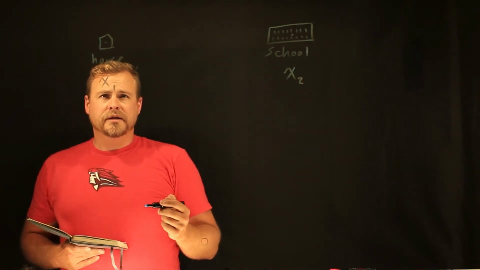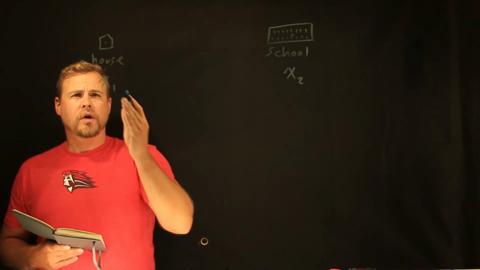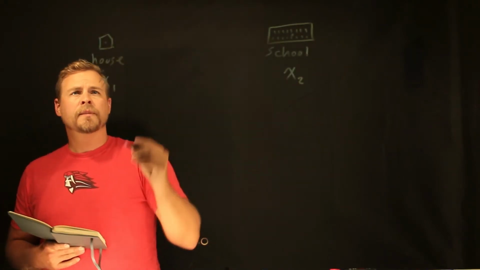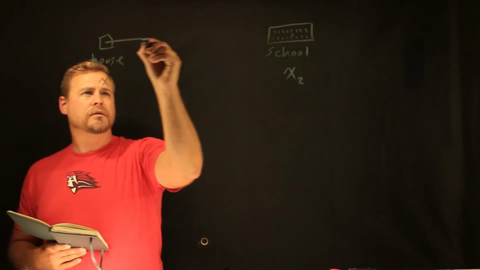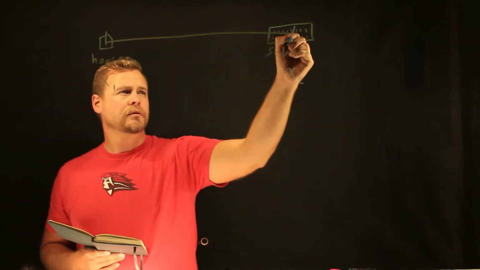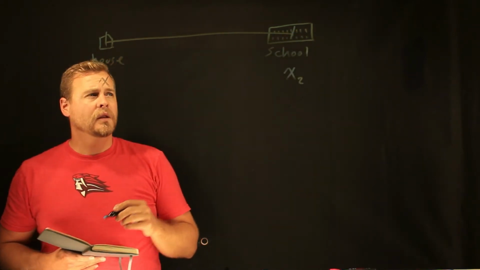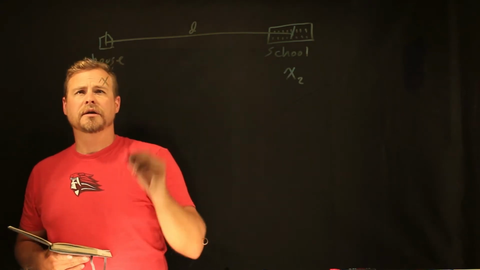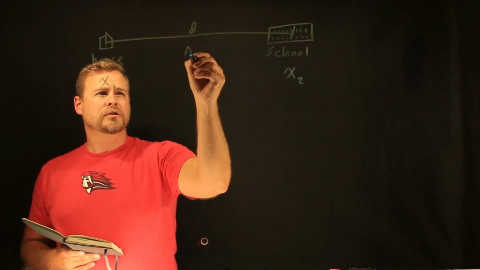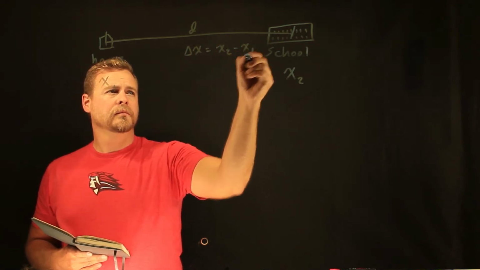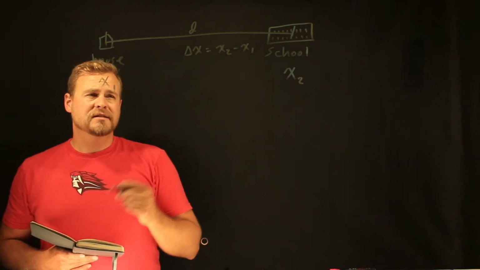Now, a distance that we usually talk about, how far from the school is your house, the distance that you would travel would be expressed from here to here. It's a straight line. Now, in this case, the distance is equal to the change in position. They're equal. It's not always the case.